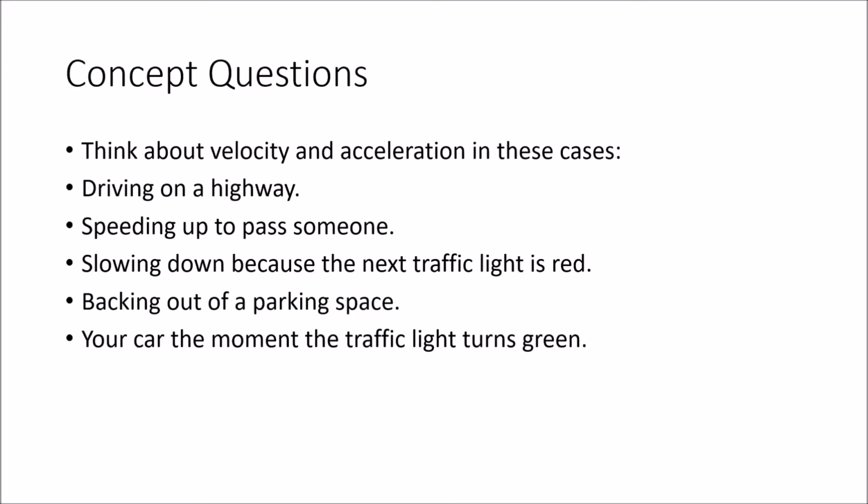That means that you're slowing down. A negative acceleration implies that you're losing speed, which is totally okay. This one right here, slowing down because the next traffic light is red, that ends up breaking so many people's brains on a test. A lot of people are very uncomfortable with the idea that you can have a positive velocity and a negative acceleration, but that's totally fine. It just means that you're slowing down.